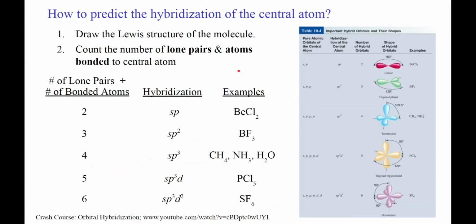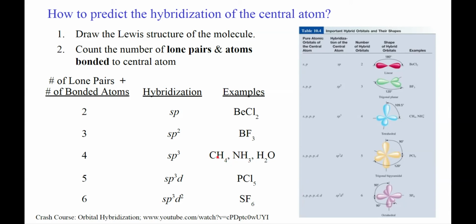Again, this table kind of summarizes these things. So if you want to know what type of hybrid orbital, you count up how many non-bonding pairs and bonding atoms are there. For beryllium chloride, there's 2 things bonded to it, no non-bonding pairs, so it requires sp. BF3 has 3 things, so sp2. But here we have methane, ammonia, and water.